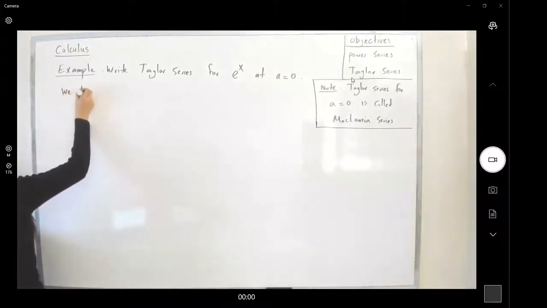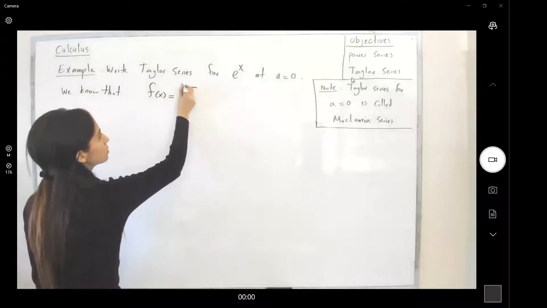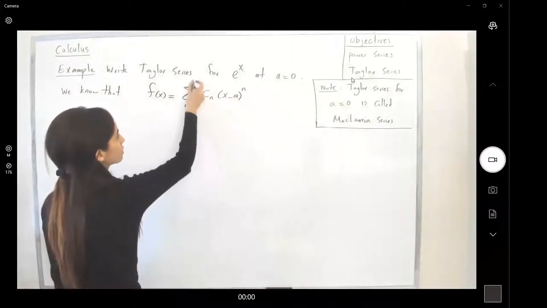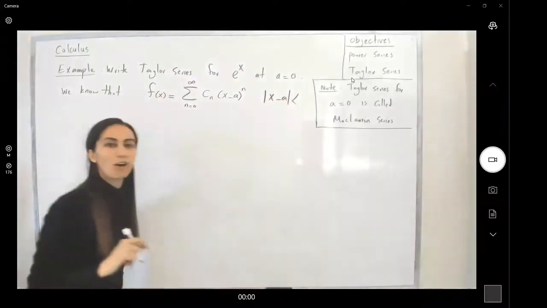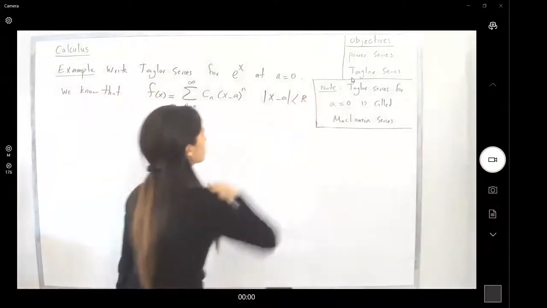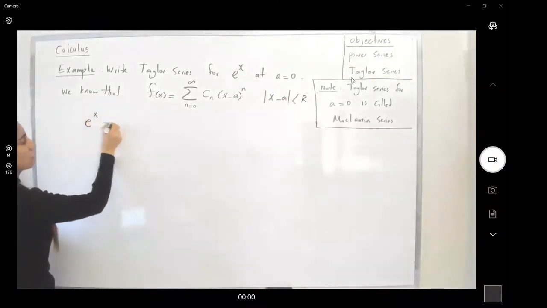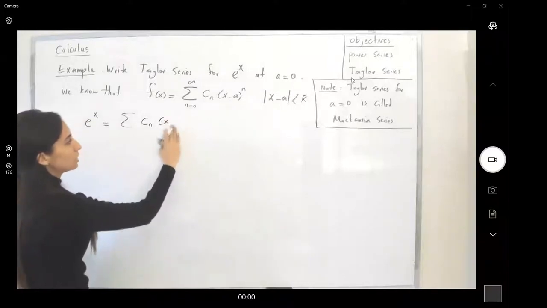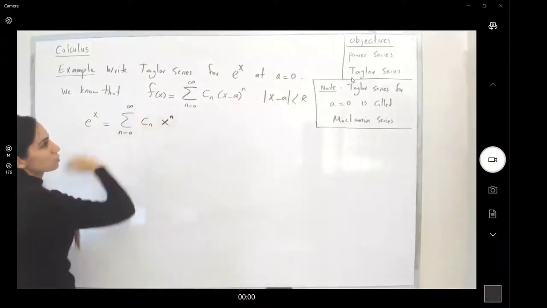We know that f of x is equal to the sum of Cn times (x minus a) to the power n, starts from 0, goes to infinity, and the absolute value of x minus a, or the distance between x and the center a, is less than R. In this case, our a is equal to 0, so e to the x is equal to the sum of Cn times (x minus 0) to the power n, or x to the n, starts from 0, goes to infinity.